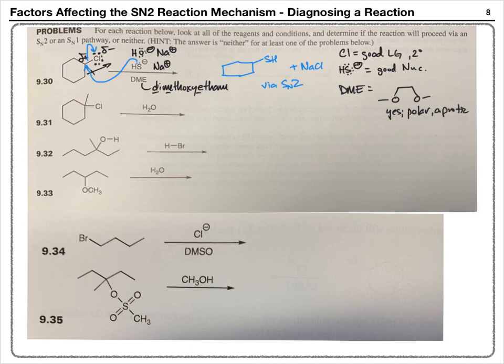Mac and Cole, Aiden all say no. Tell me one reason why it is not good for SN2. We're going to list multiple reasons, but tell me one. Okay, it's tertiary, so that's the biggest clue right there. The leaving group is tertiary, so that immediately tells you you have to go to SN1.